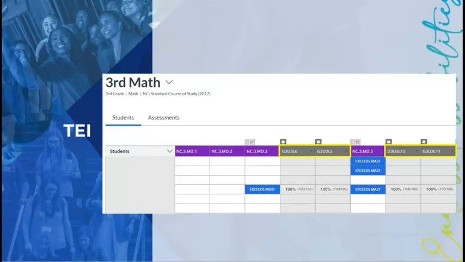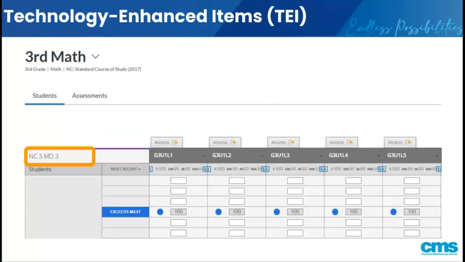Remember, sometimes a set of practice problems live behind or within a standard on your tracker because it is aligned to a single standard. The small gray box above a standard indicates how many assessments and practice problem sets have been created for that standard. When you click the standard, they will appear just like you see here for NC3 MD3.